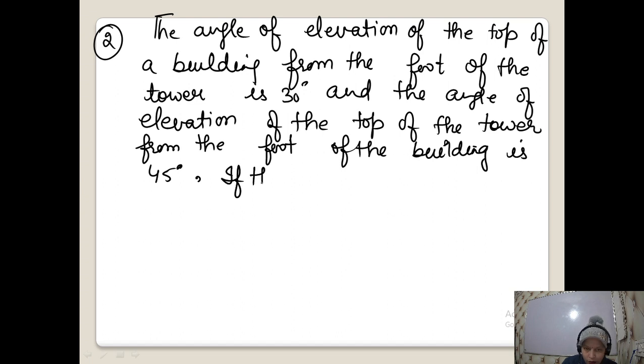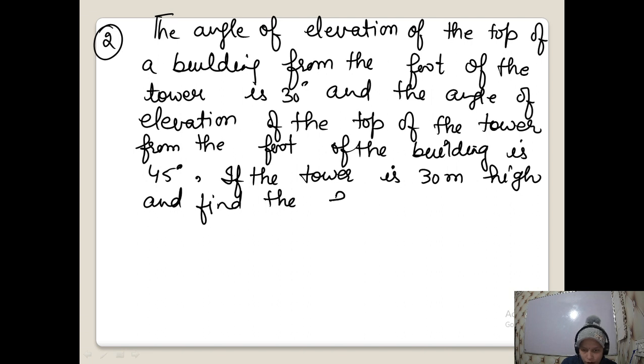If the tower is 30 meter high, we have to find the height of the building.